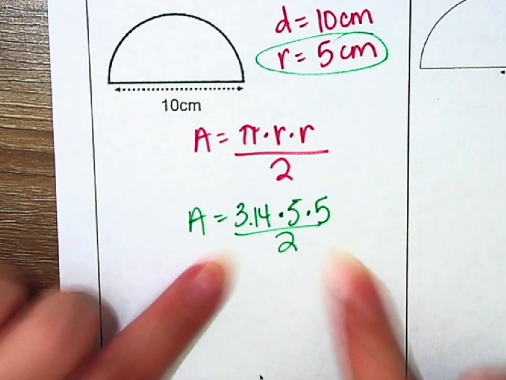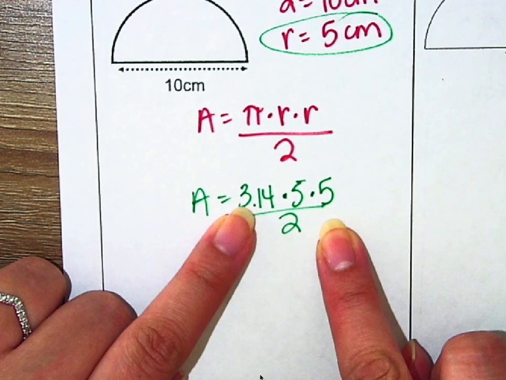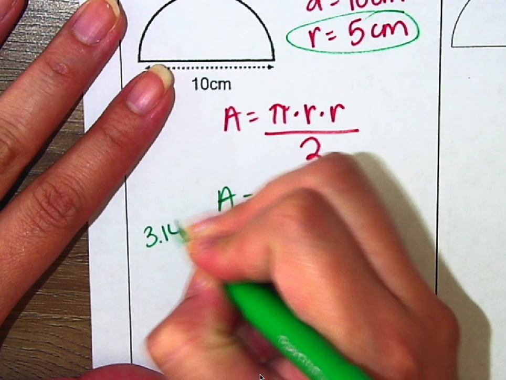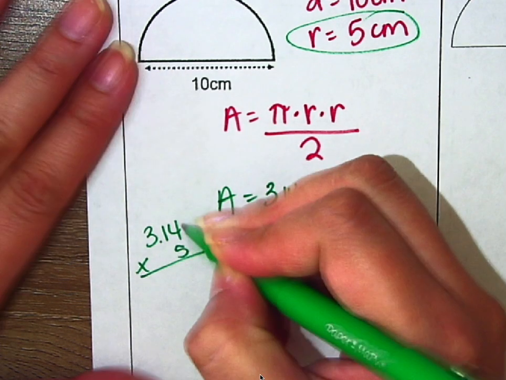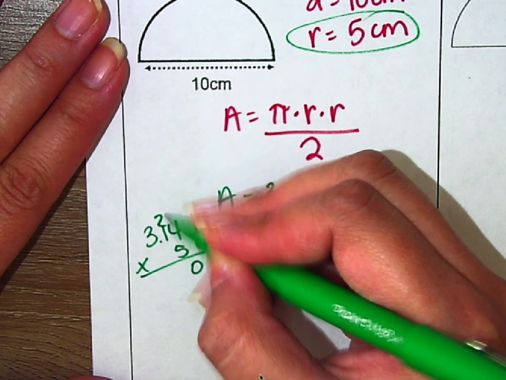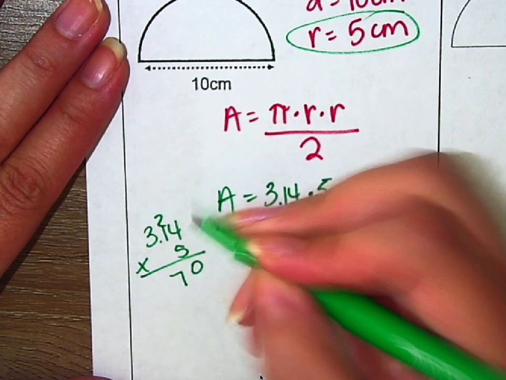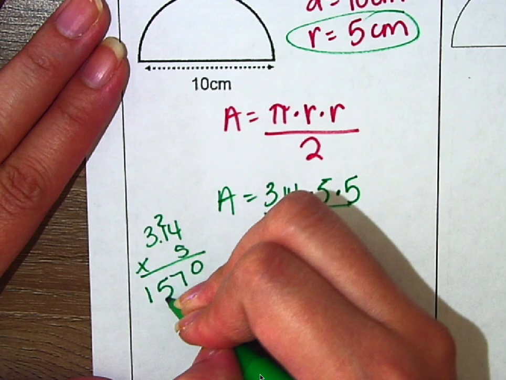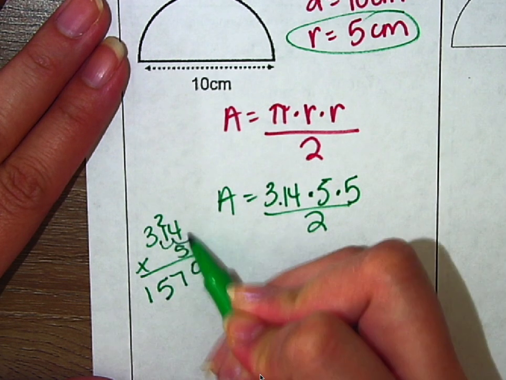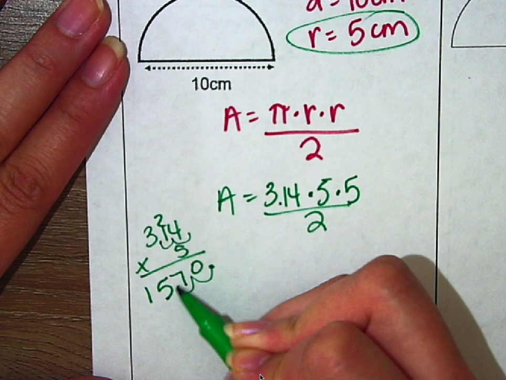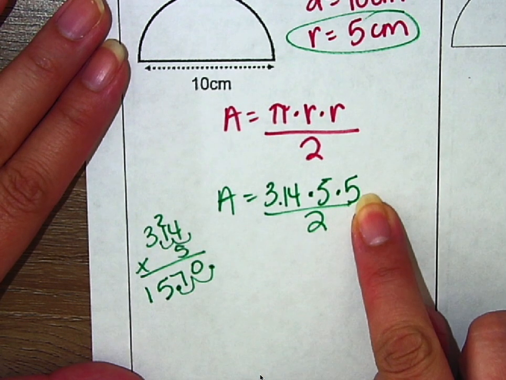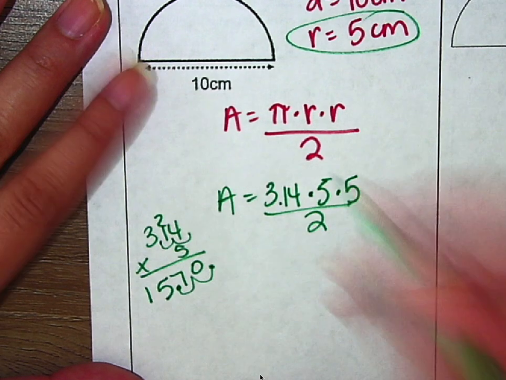Okay, I'm going to go ahead and solve the top part first. 3.14 times 5. I'm going to do that on the side. 5 times 4 is 20. 5 times 1 is 5, plus 2 is 7. 5 times 3 is 15. Okay, I have two numbers behind the decimal, so I'm going to add it here. So I got 15.70. I still have to multiply by 5 again.